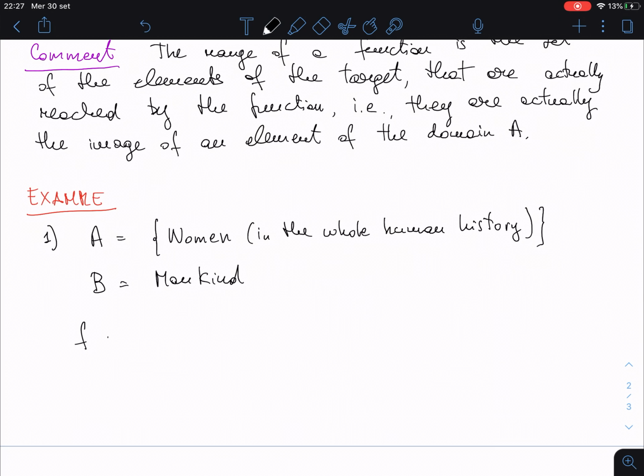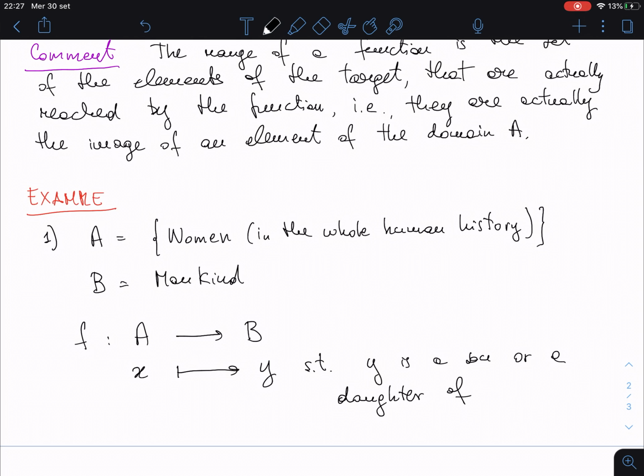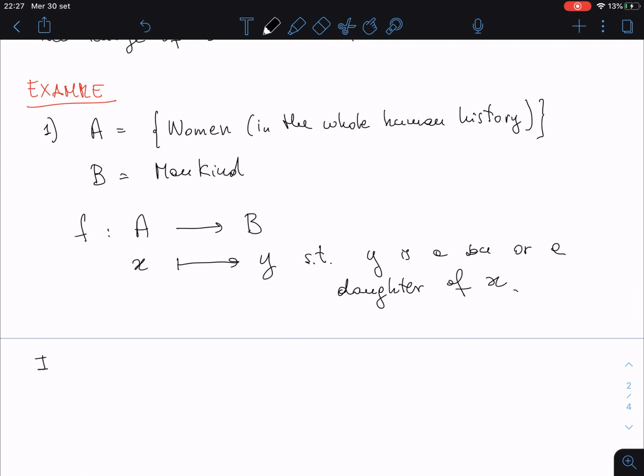And now the function f from A to B associates to every woman X an element Y of the mankind, such that Y is a son or a daughter of X. So the question is the following: is f a true function?